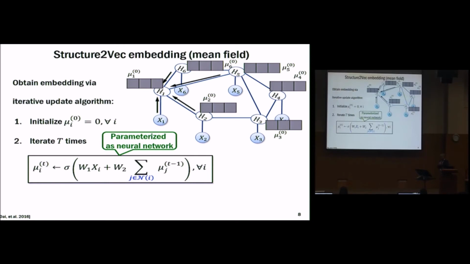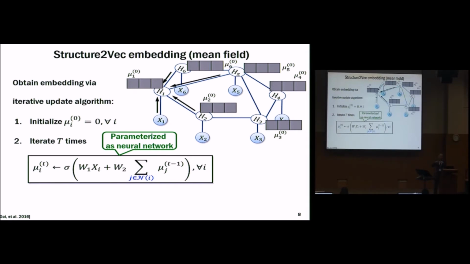I'm giving an example of a particular update. In this update, you can see that node I is just taking all these embeddings sent from the neighbors and doing a summation, okay? Summation over J, which are neighbors of the node I. And once you finish the summation, that's called a pooling operation in deep learning terminology.